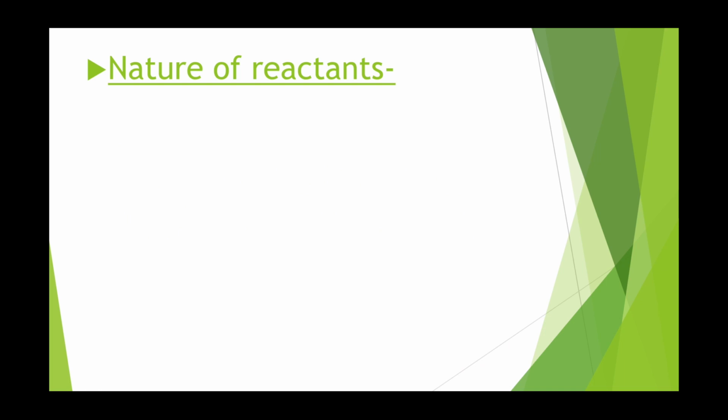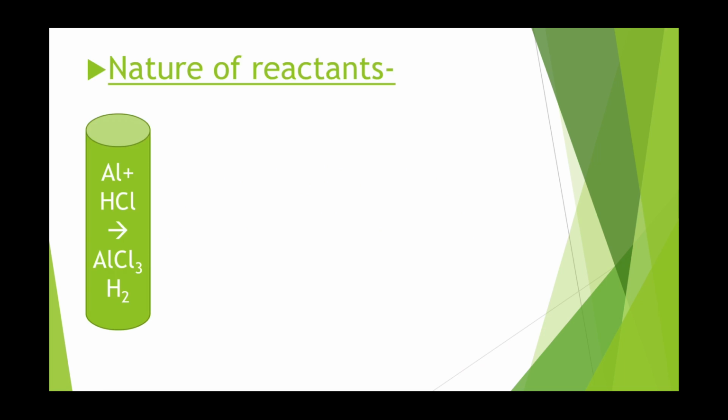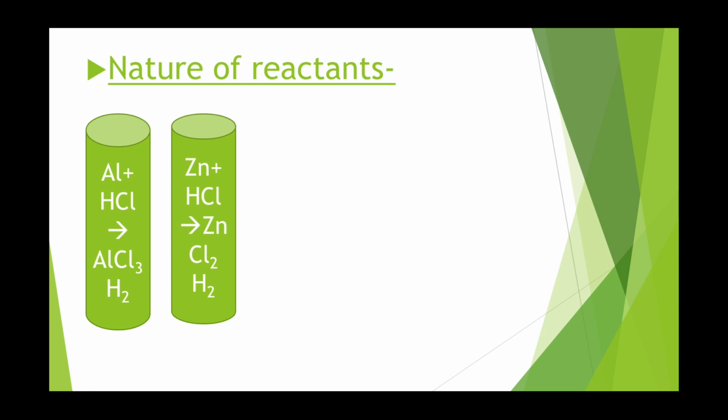For example, if we carry out a reaction between aluminium and hydrochloric acid, and zinc and hydrochloric acid, we can observe that in both cases hydrogen gas is evolved, but as compared to zinc, the reaction of aluminium with hydrochloric acid takes place more fast.